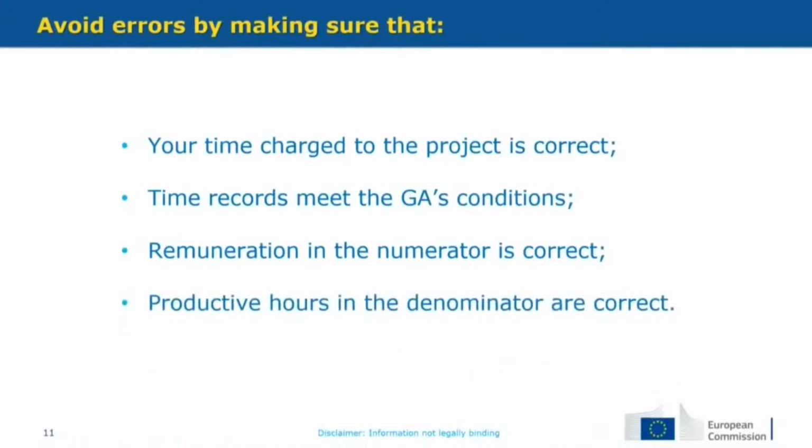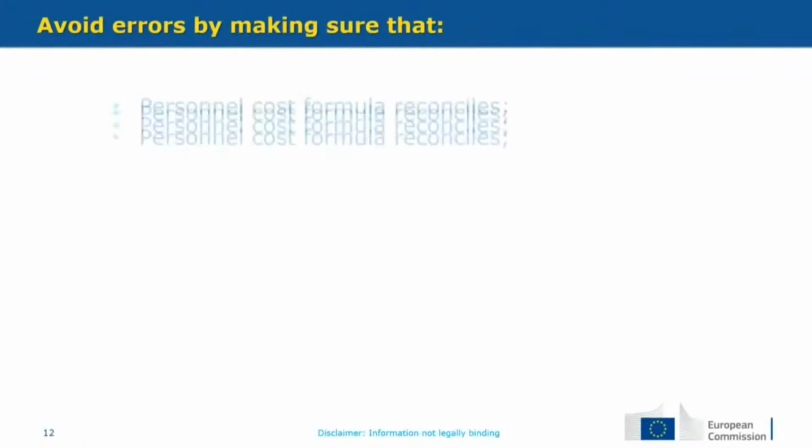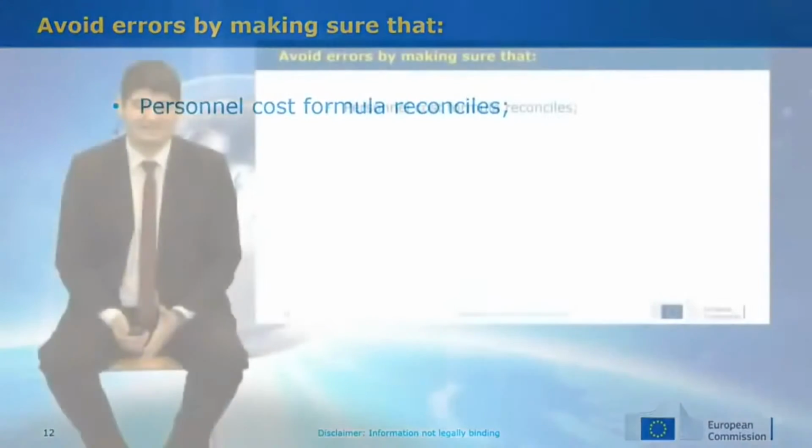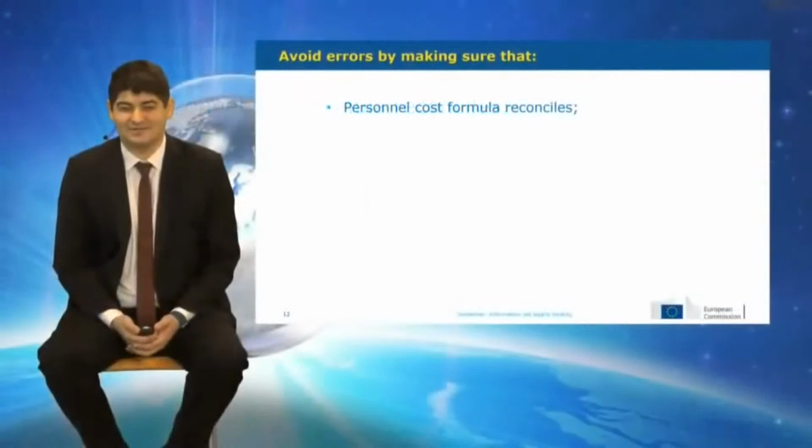And then for the down part of the calculation, productive hours in the denominator are correct, meaning either you simply use option 1 and then there is nothing else to check further, or if you use option 2 or 3, you will make sure that the conditions to use these options are fulfilled. Furthermore, the personnel cost formula reconciles, meaning there are no arithmetical errors in the formulas.